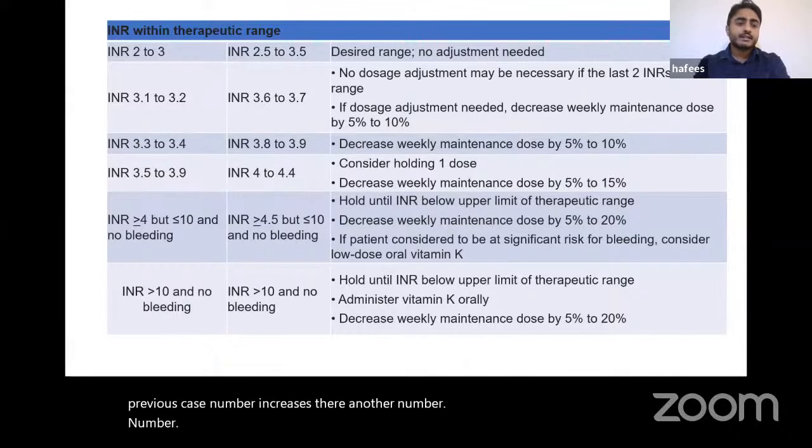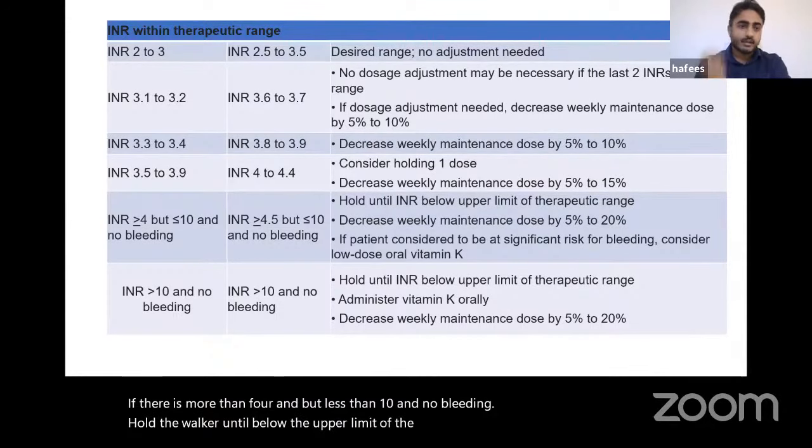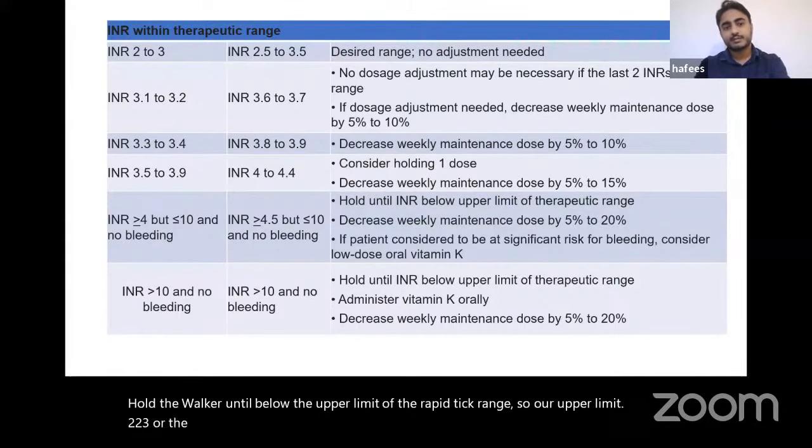If the INR is more than 4 but less than 10 and no bleeding, hold the warfarin until below the upper limit of therapeutic range. So our upper limit is 3 in the 2 to 3 range, or 3.5 in the other case, 2.5 to 3.5.